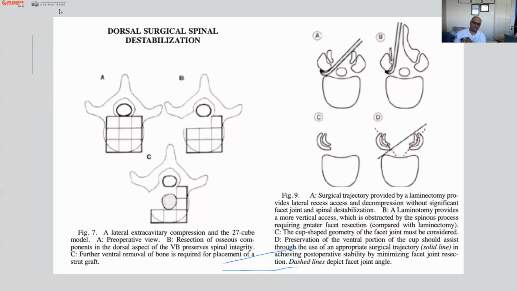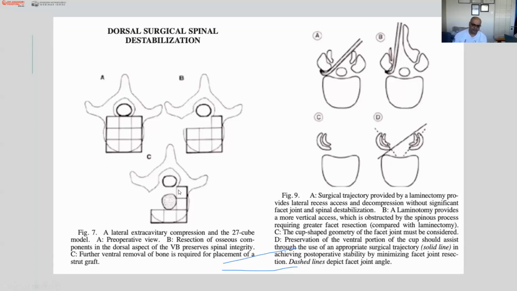Now this one shows on the left side, if you're looking at an anterior corpectomy, you can see that the anterior column is a cube distribution described by, I forget the name, but anyway, he felt that if you remove the bone in the far anterior column, then you render the spine unstable much more quickly.